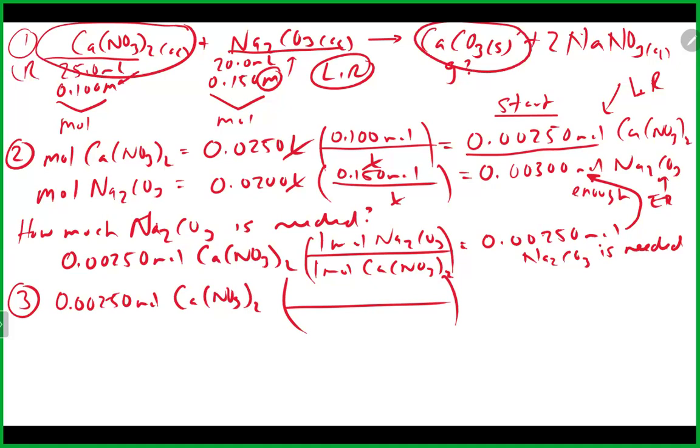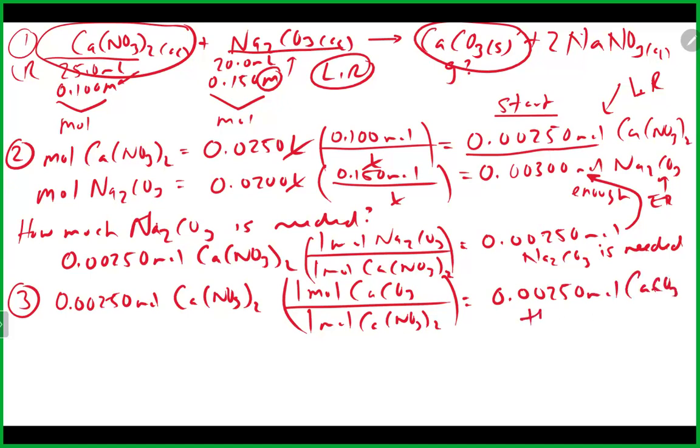They've all been 1-to-1. Obviously, as you may know, it's not going to always be that way, but 1 mole of calcium carbonate from the equation gives me 1 mole of calcium nitrate. That obviously is going to get me 0.0025 moles of calcium carbonate. By the way, that again would be our theoretical yield in moles, but here we are looking for grams.